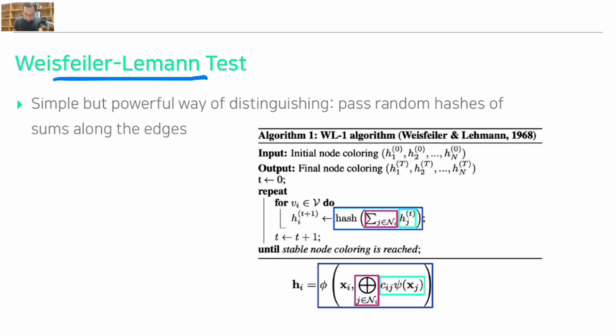So the procedure is the following algorithm. We pass the random hashes of the sums along the edges. So we have the initial node coloring. We assume that each node of the graph has some color like this.